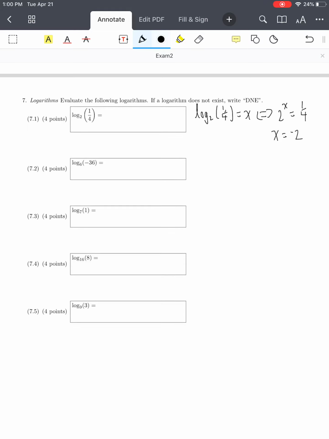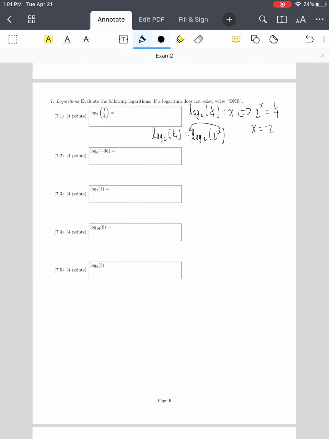Another way we could do it is to take log base 2 of 1/4, and if we make 1/4 be 2 to the power of something, we can simplify it. So 1/4 is 2 to the negative 2. Then we can use the exponent rule to bring this out front.